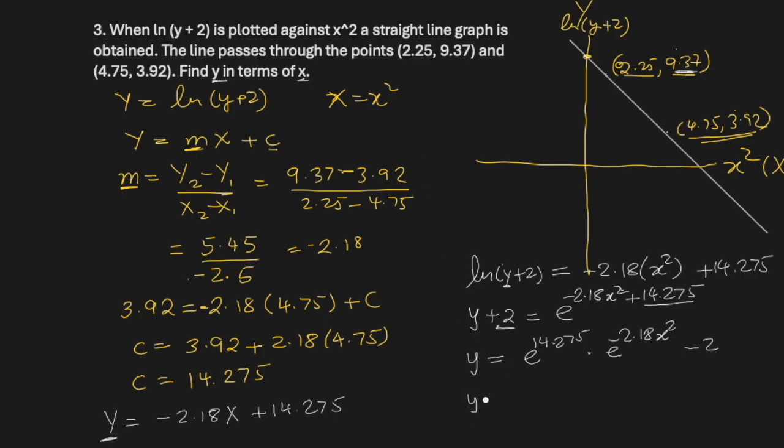Okay, y equal to 1583265 times e to the power negative 2.18 x squared, minus 2. That is y in terms of x.